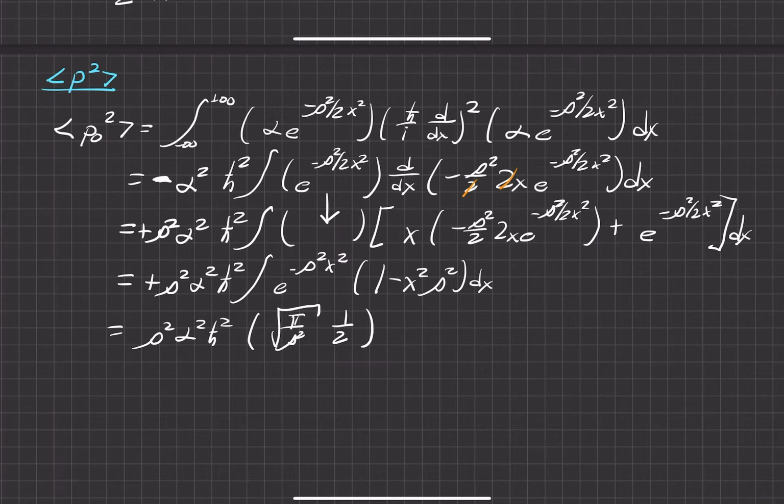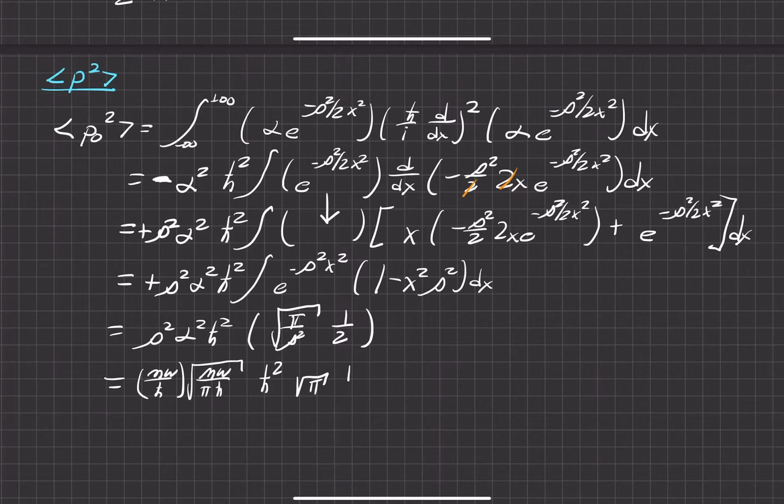Let's go ahead and expand out all of our substitutions we made, such as rho squared. Rho squared is actually just m omega over h bar. Alpha squared, well, it's going to be under square root, so I'm not going to do that. Alpha squared is a square root of m omega over pi times h bar. Of course, we have our h bar squared here. We have our pi.